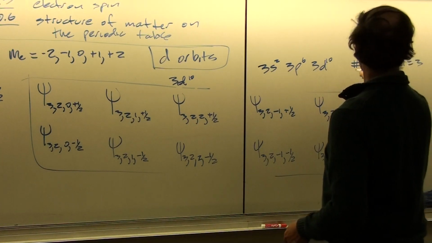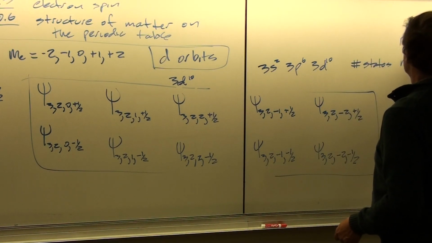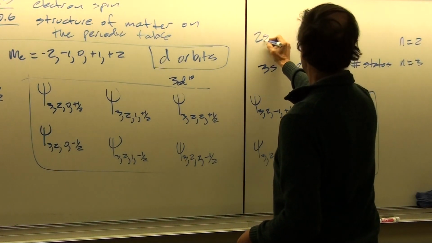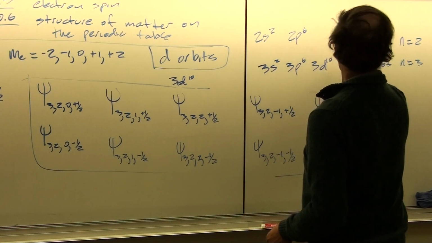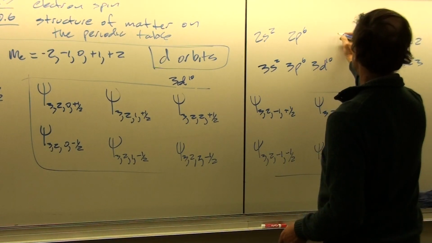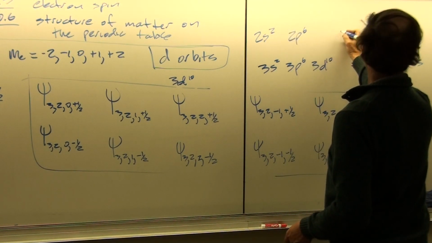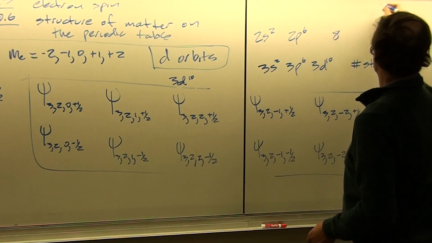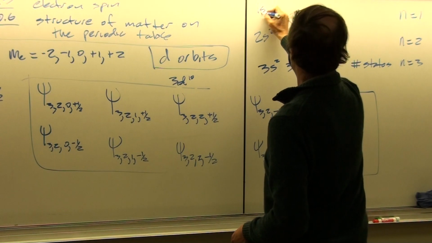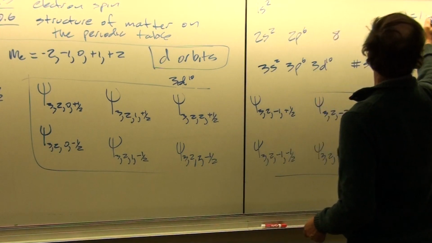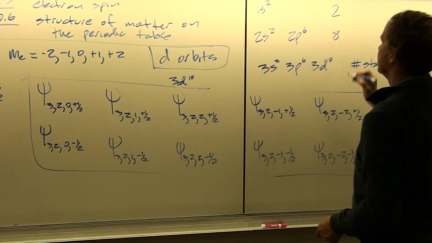What about the number of states in n equals 2? Well, then we have the 2s2, 2p6, and so the number of states there would be 2 plus 6 is 8. How about for n equals 1? The number of states here is just going to be 1s2. So we end up with just 2 states.